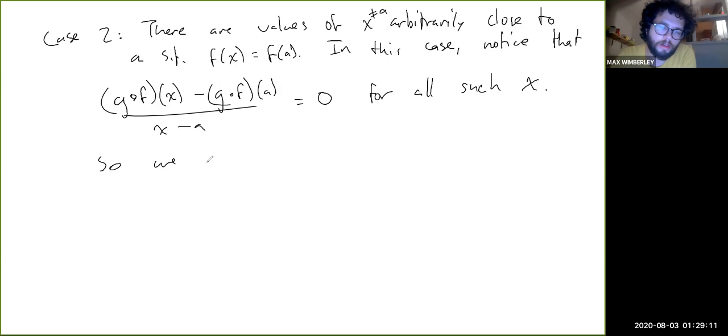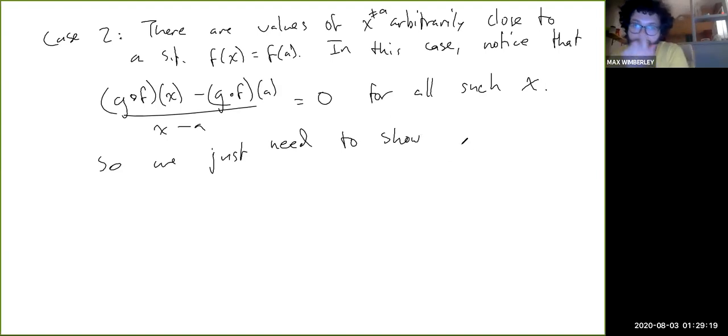So we just need to show that g compose f prime of a is 0.